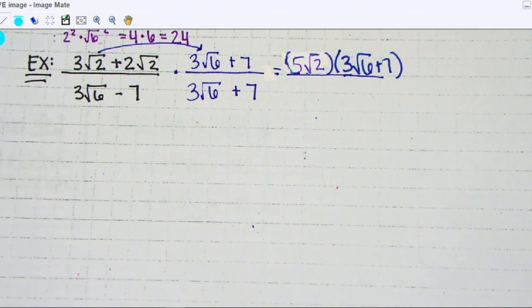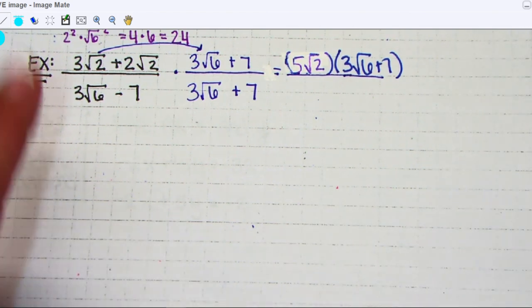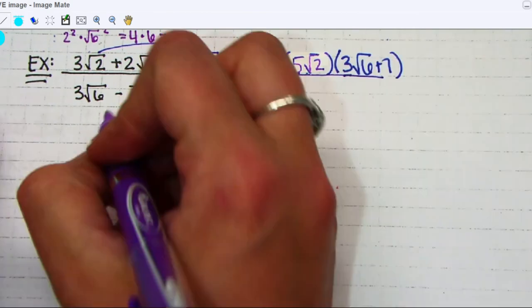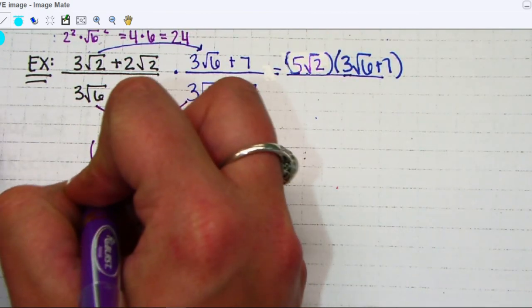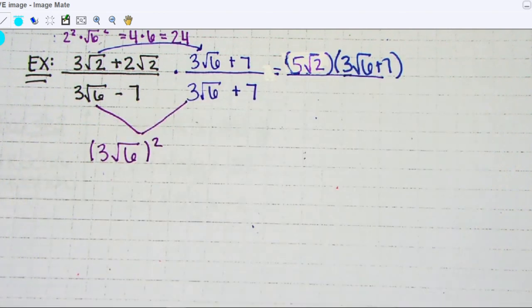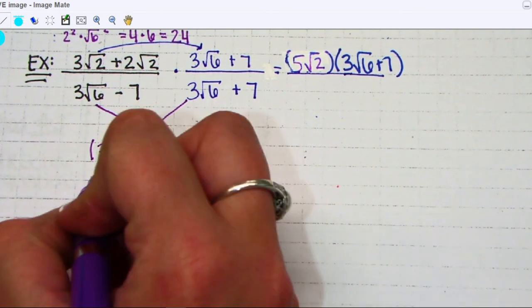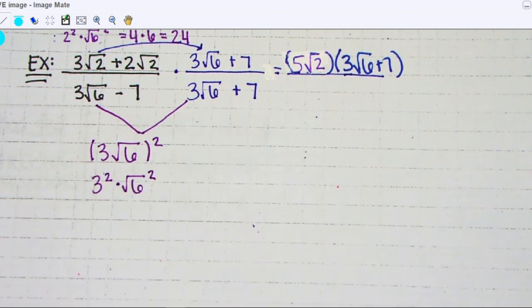So on the bottom, let's simplify the bottom. So we've got 3 square root of 6 times 3 square root of 6, which is 3 square root of 6 squared. Remember, to simplify, we distribute the square. So this becomes 3 squared times the square root of 6 squared.